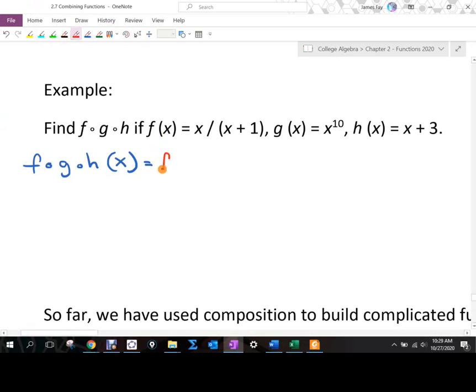So I'm going to rewrite it as when I see f, and now the composite sign opens a parenthesis for me, and then g, and then the composite sign opens another parenthesis, and then h, and then I run into my of x, so I'll put that down too. And then I need to close my parentheses. So this parenthesis right here hasn't been closed yet, so I'll close it.